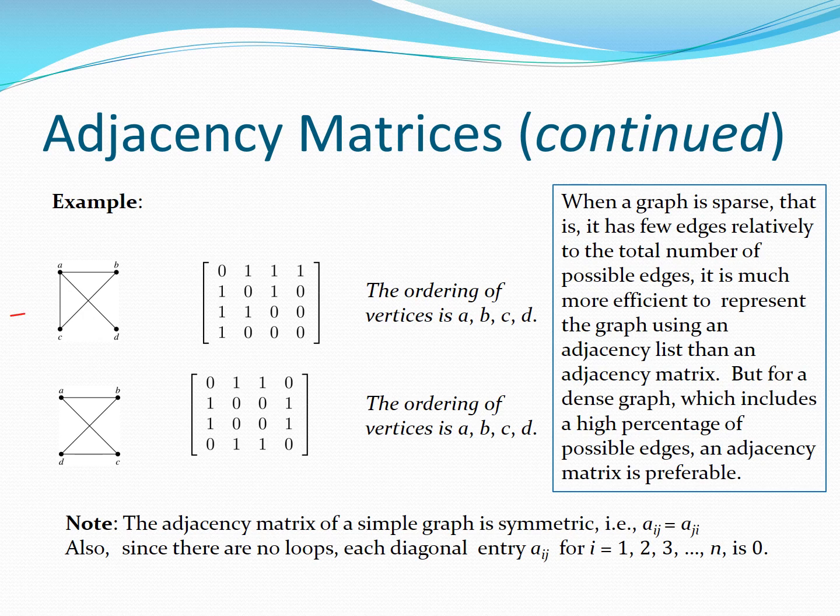In the first example, we have a graph, and there are 4 vertices in the graph, A, B, C, and D. So your number of vertices in the graph is basically 4. So your adjacency matrix is going to have 4 rows and 4 columns. So it's going to be a 4 by 4 matrix. So it has 4 rows here, and it has 4 columns as well.